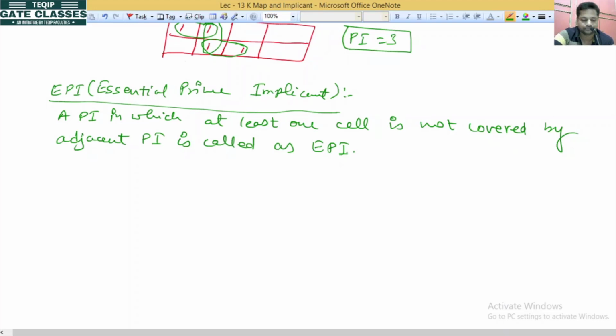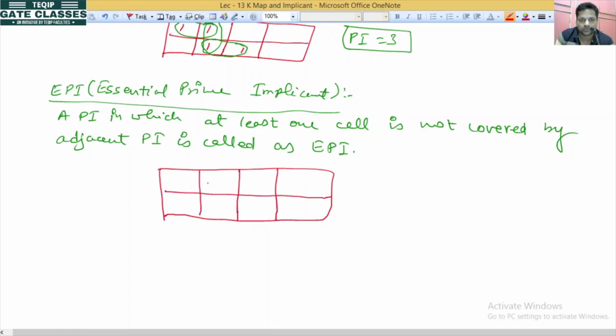For example, suppose I have that above example. I have this example already in PI. So suppose this is the case.